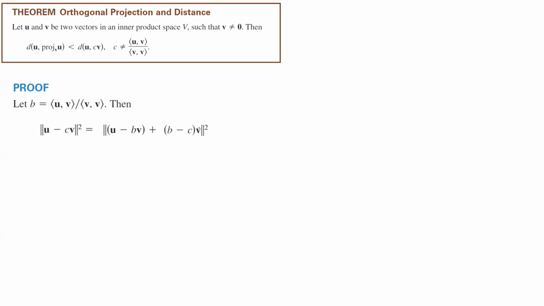If you do the distribution here, you can see that you have u minus bv plus bv minus cv. So we're just adding and subtracting bv here. But we need that because eventually we're going to separate these. u minus bv and bv minus cv are orthogonal. You can check that. You can find the inner product between these two and show that it is equal to 0. It's not that difficult.